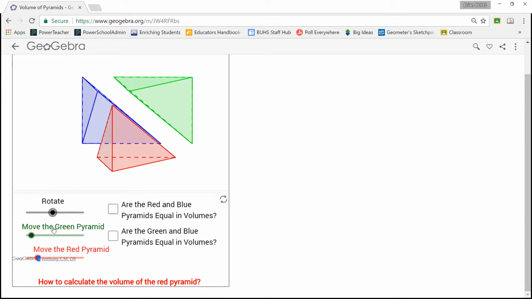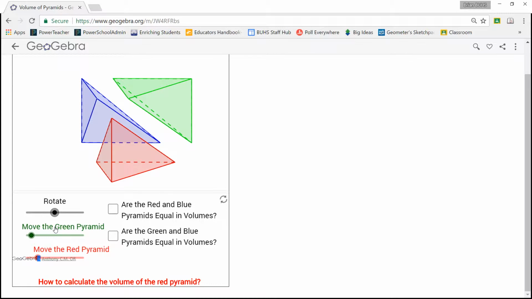And now the question: are the red and the blue volumes the same? Now, Cavalieri's principle was that if two objects had the same height and equal area cross sections along that height, they would have the same volumes.